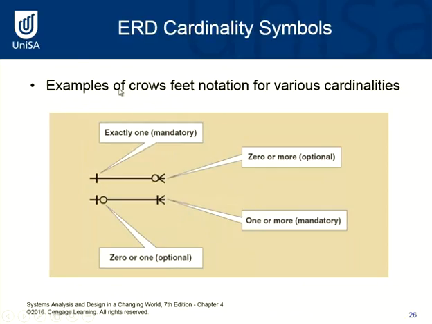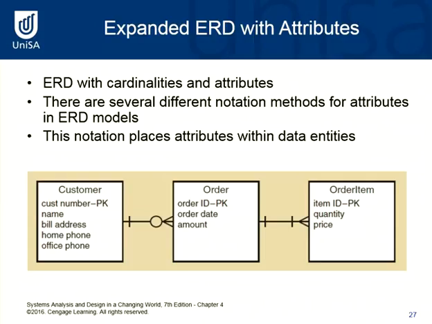Here's some examples of crow's feet notation for the various cardinalities. We've got exactly 1, 0 or more, 0 or 1, 1 or more. So basically the line is the 1, the 0 is the 0, and the chicken feet, if you want to call it chicken feet, gives you the more option, and you can combine those to give you the different types of cardinalities.